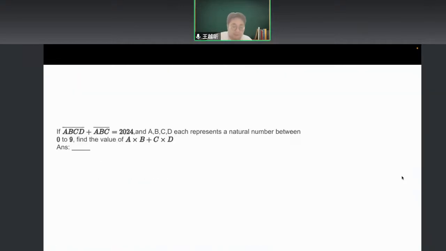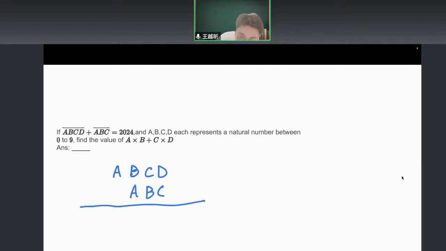Also this one I want to mention. This one is not so hard, but I don't want you guys to get it wrong in the real test. This one actually tests your place value principle. For example, ABCD plus ABC equals 2024.